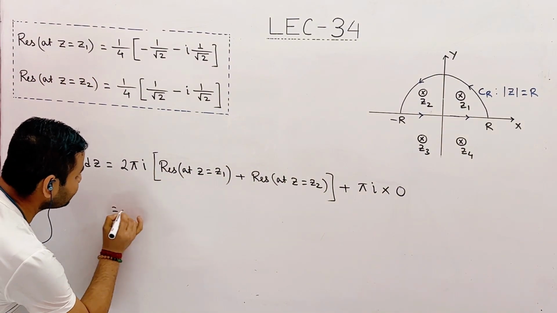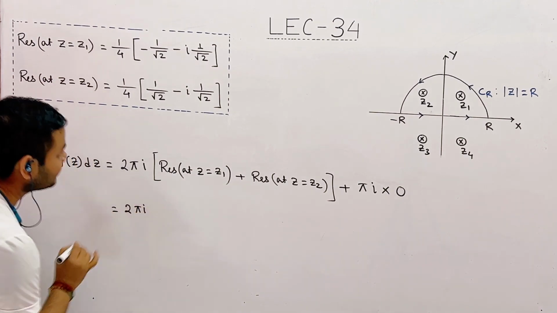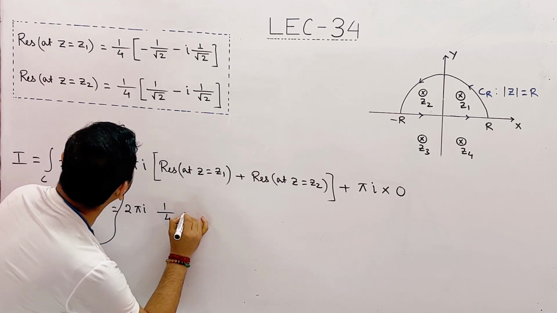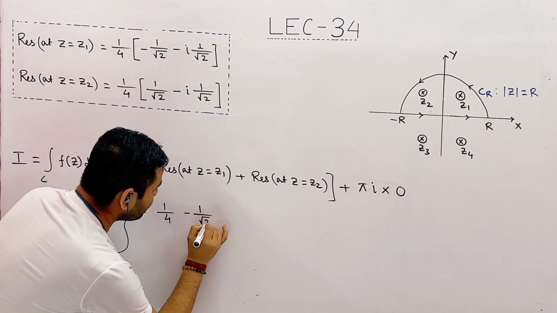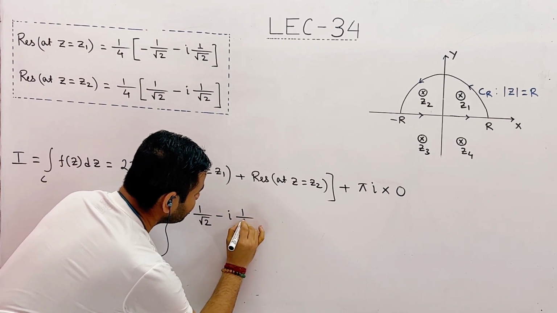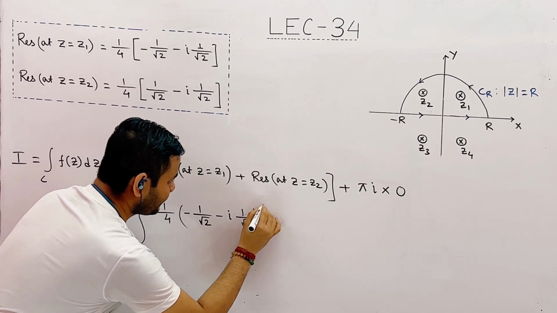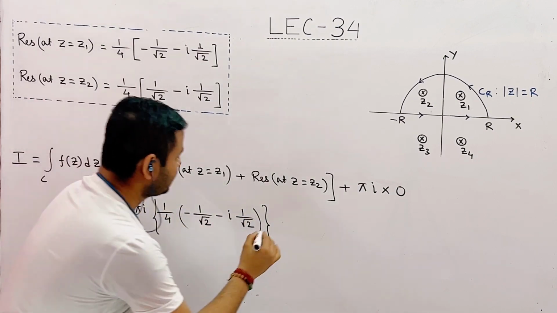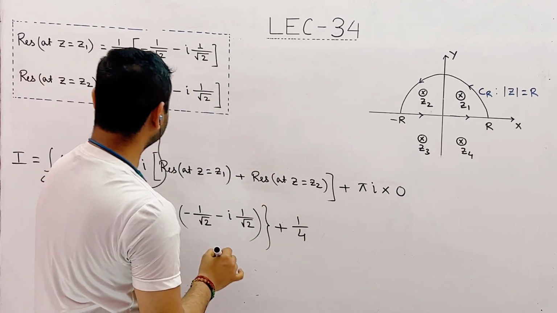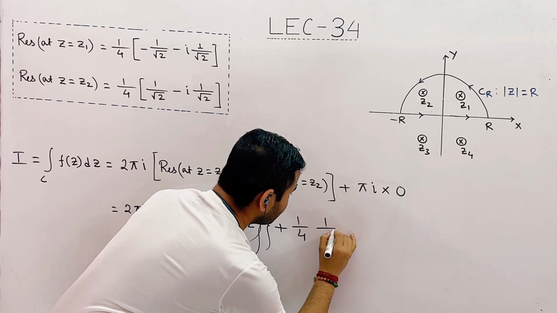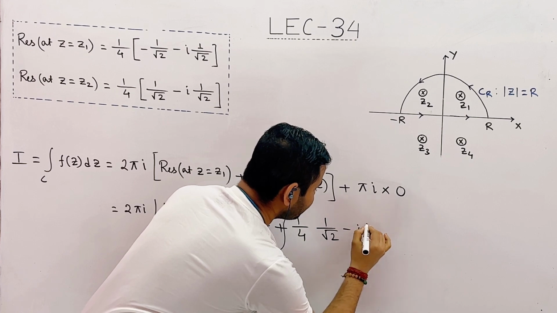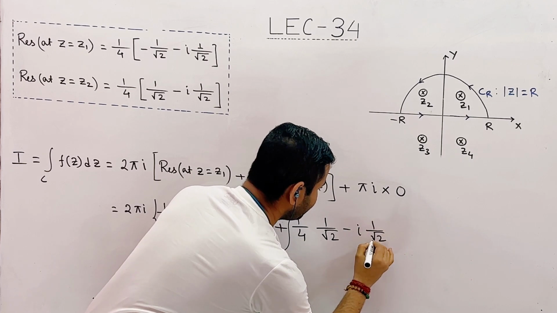So, finally, we will get twice pi iota into 1 by 4 into minus 1 by root 2 minus iota into 1 by root 2, plus 1 by 4 into 1 by root 2 minus iota into 1 by root 2.